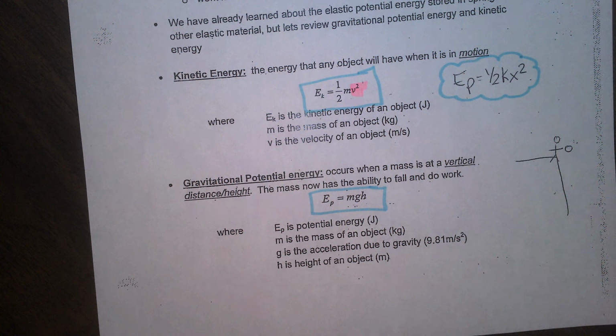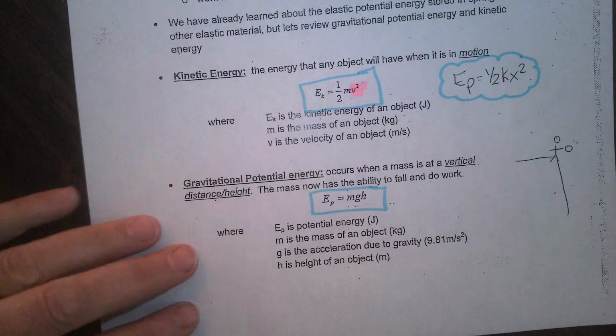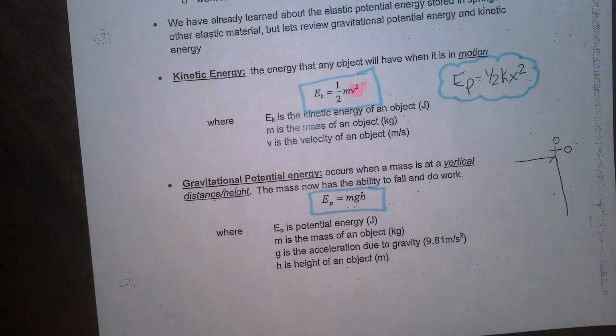All right. We've seen a couple different types of potential energy now. Gravitational potential energy. So before I drop this slinky, that's gravitational potential energy.